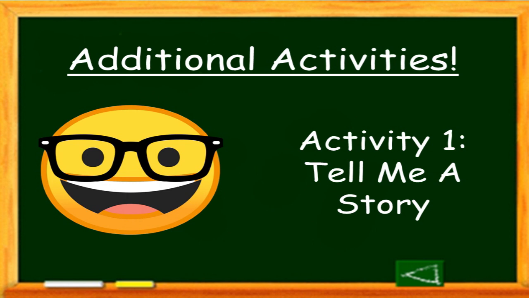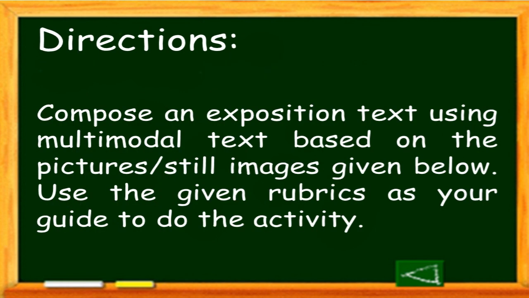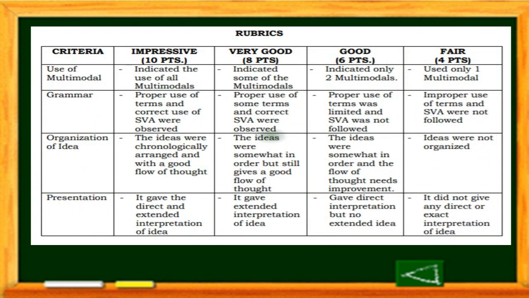For your additional activities, it is entitled Tell Me a Story. Directions. Compose an exposition text using multimodal text based on the pictures, still images given below. Use the given rubrics as your guide to do the activity.